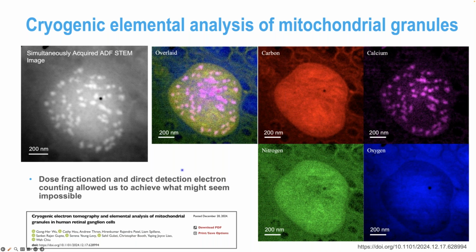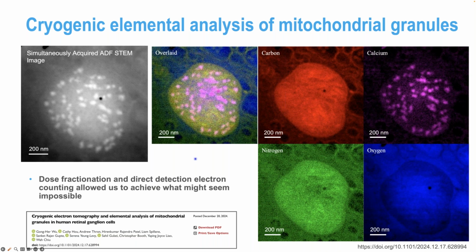This is work done in collaboration with Hua Chu's group out of Stanford, recently published on bioRxiv, December 2024. Really exciting work, being able to do STEM spectrum imaging and EELS mapping in cryo-EM conditions.